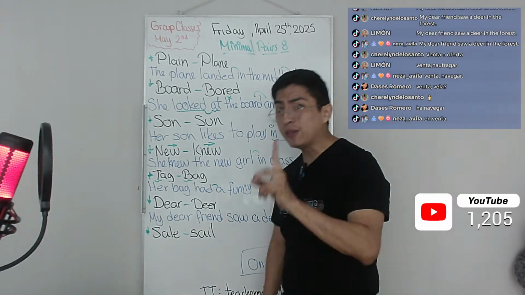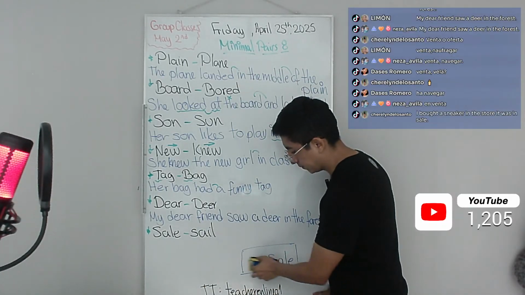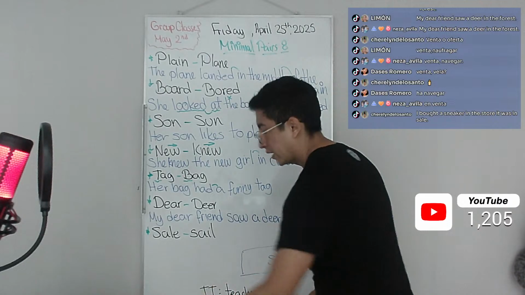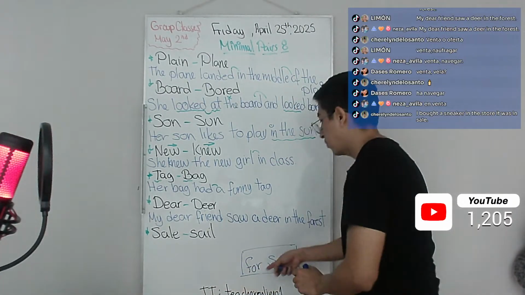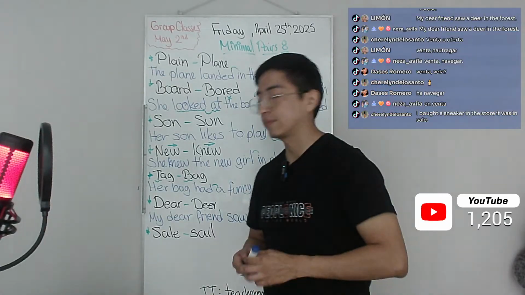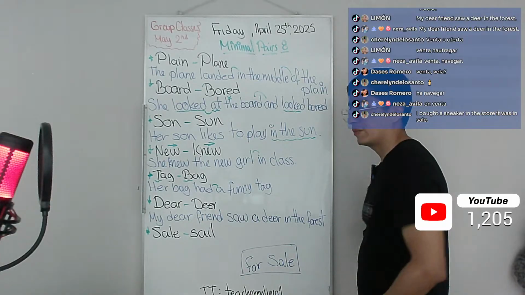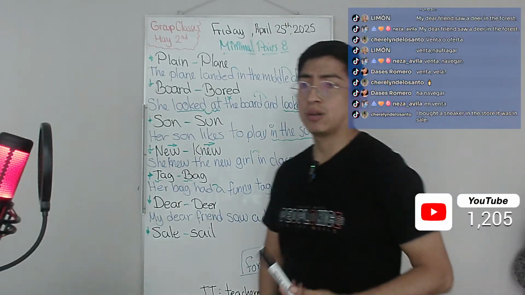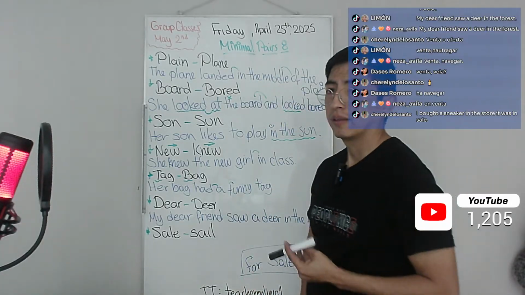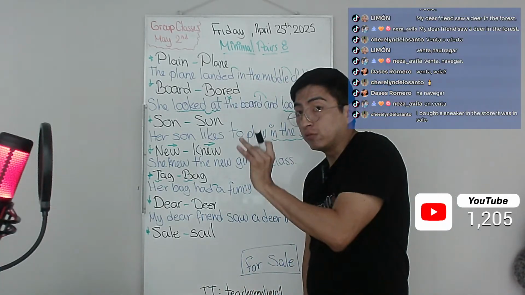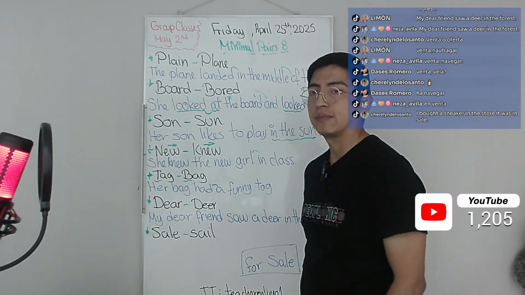But if you use this other word, imagine I use this. What am I saying here? Now I'm using for. What does it mean? We can say on or for sale.